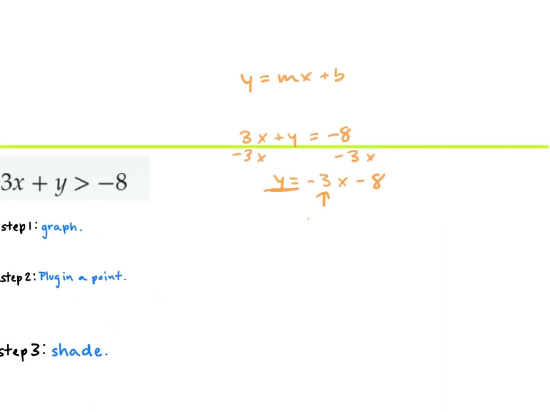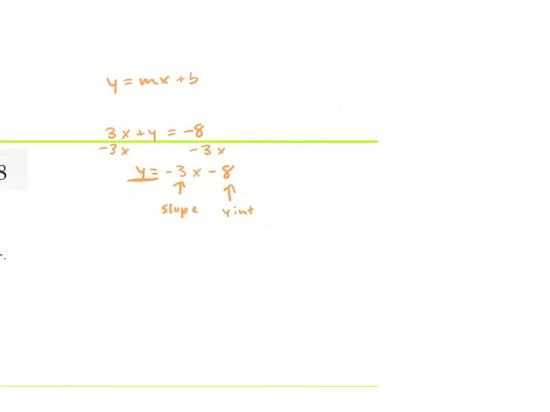Now we have our slope and we have our y-intercept. So on our graph, our line is going to cross the y-axis at negative 8. So we're going to go down 8. Put a point there.